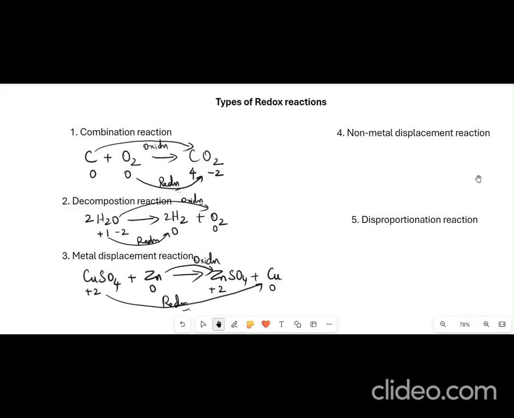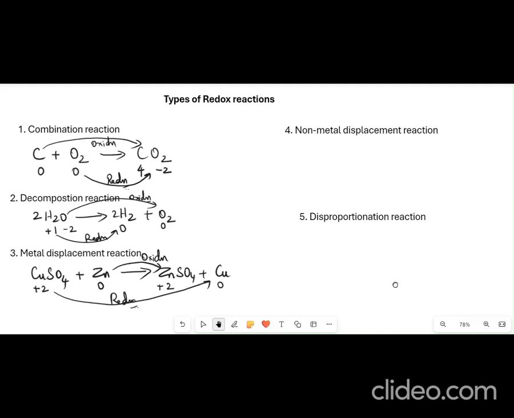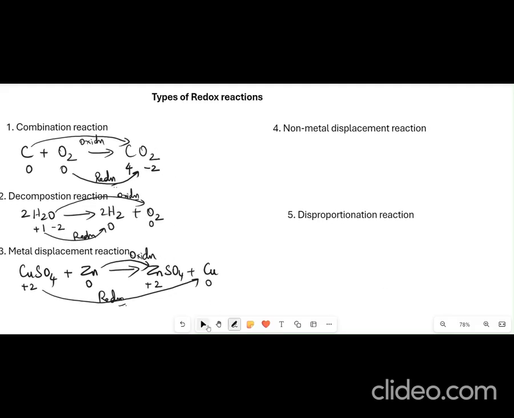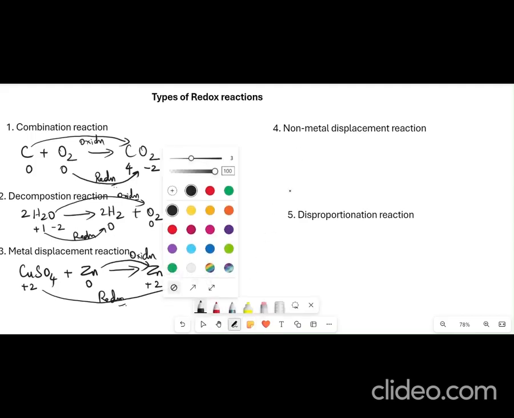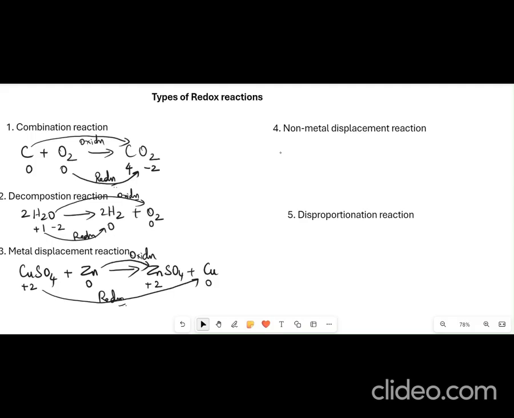And if you take the non-metal displacement reaction, for example, if you take sodium and it reacts with water. So metal with water, it will form hydroxide, sodium hydroxide is formed, and then hydrogen.